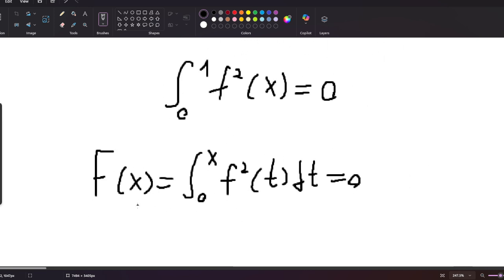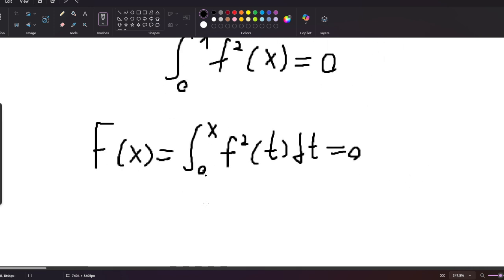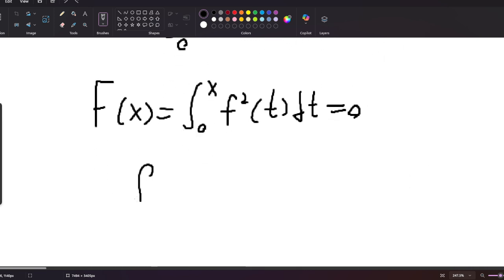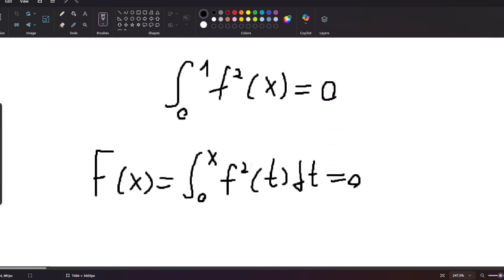If we differentiate this, then we get f squared of t, which is greater than or equal to 0, so it's constantly rising, and since it's 0, regardless of what we integrate inside, f of x is going to be equal to 0, regardless of the x we pick at the bound here.